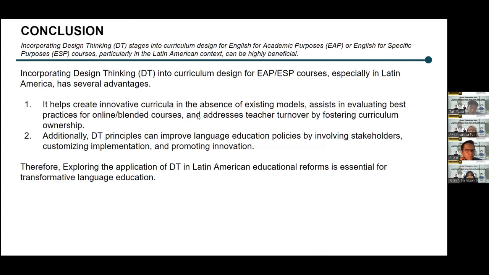The first is that it helps to create innovative curricula in the absence of existing models, assists in evaluating best practices for online or blended courses, and addresses teacher turnover by fostering curriculum ownership. Additionally, design thinking principles can improve language education policies by involving stakeholders, customizing implementation, and promoting innovation. Therefore, exploring the application of design thinking in Latin American educational reforms is essential for transformative language education.